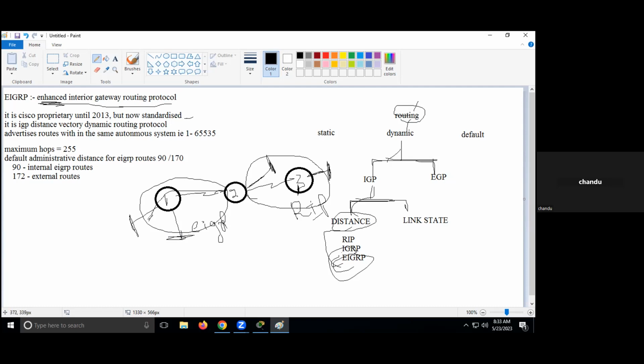So EIGRP can communicate here, and RIP can communicate here, but RIP cannot communicate with EIGRP.